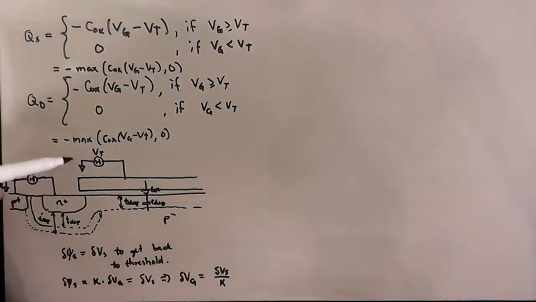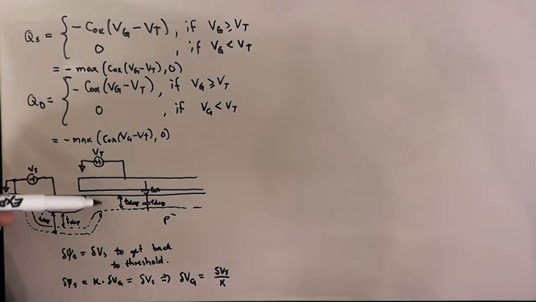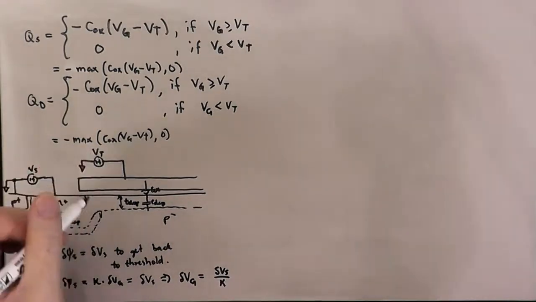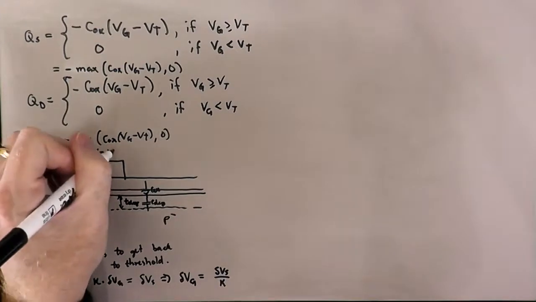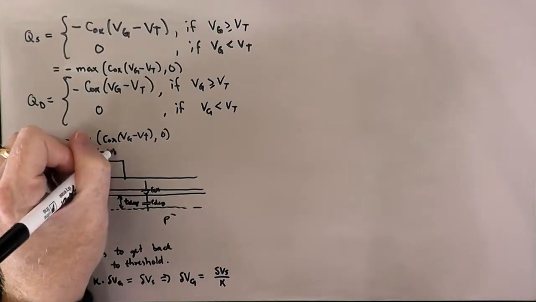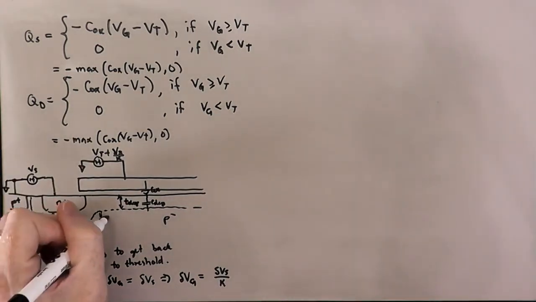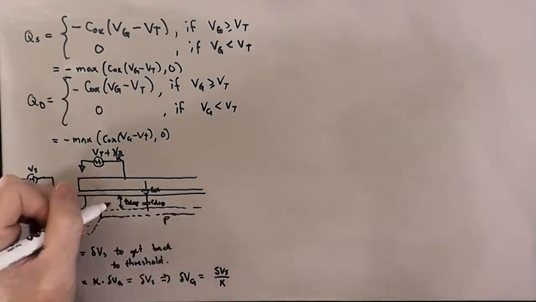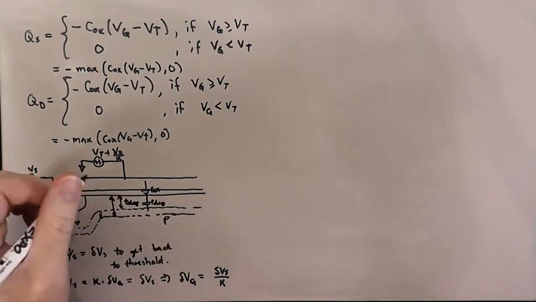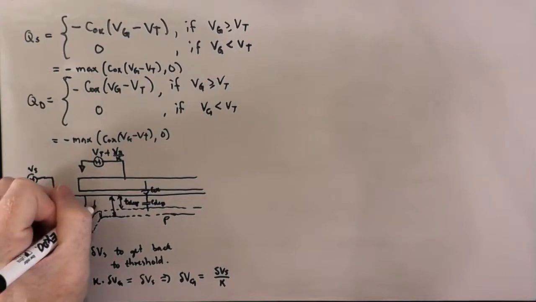So we have to move the gate by 1 over kappa times as much as we move the source to get back to the same place. So if we add here Vs over kappa, we basically will increase this depletion region thickness under the gate to get back to the same place.